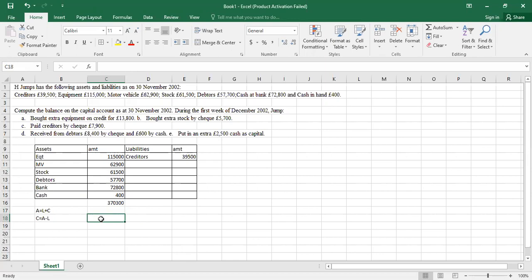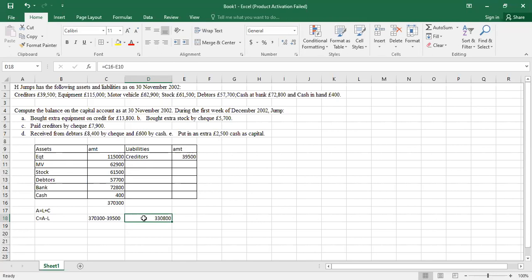So my capital will be equal to 370,300 minus 39,500. What's the value of the capital? 330,800. Wonderful. So it's minus this. So it is 330,800. Confirmed? So we have the capital figure, and that is what we've been asked in the first question.